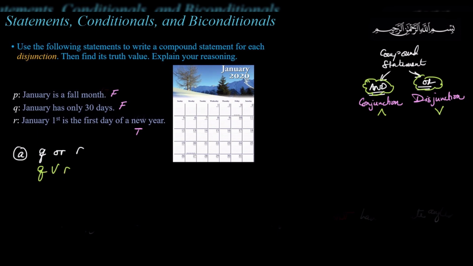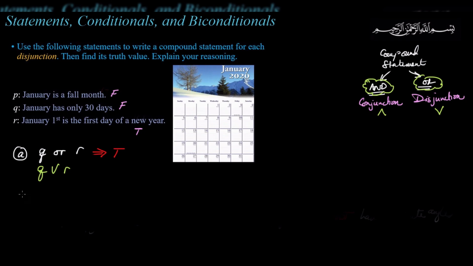Since this is true, this disjunction will be true. Even though January does not have 30 days, January 1st is indeed the first day of the year, so that compound statement will be true.